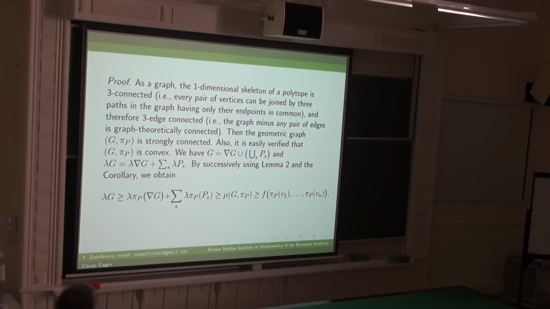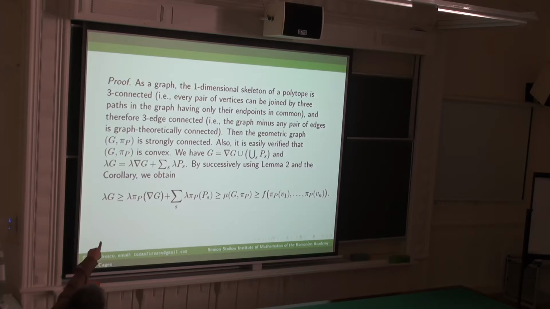Proof. Indeed, this is now not so difficult to prove because the first part is about connectedness. This is even easier. Then the geometric graph is strongly connected. Also, it is easy to verify that this is convex. You can believe this. Now, G is nabla G plus the union of the PS. Because if you add to nabla G all these PS, you get back to G, because to get nabla G you just took out the edges of PS.